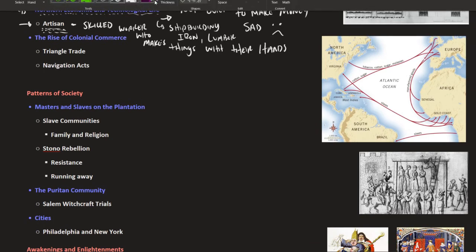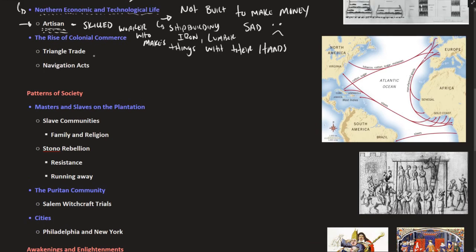We call this the triangle trade. So the triangle trade is the network of trade between the New World, Europe, and Africa.